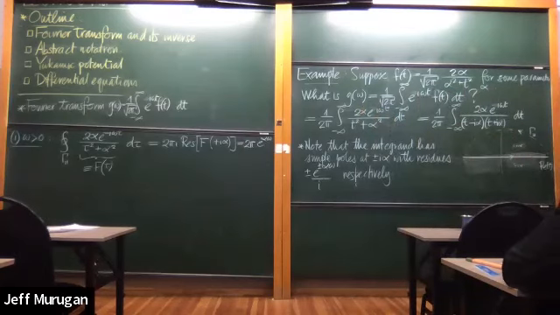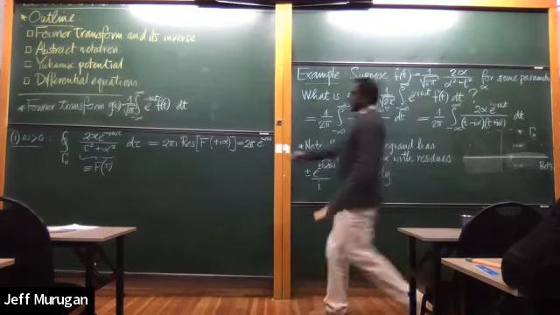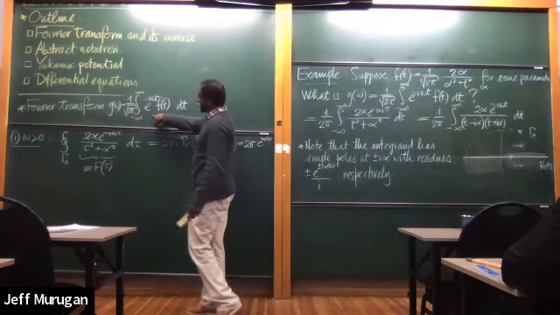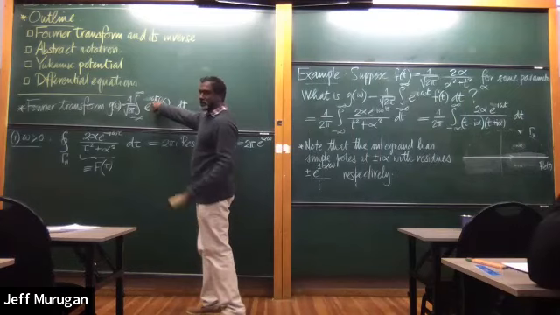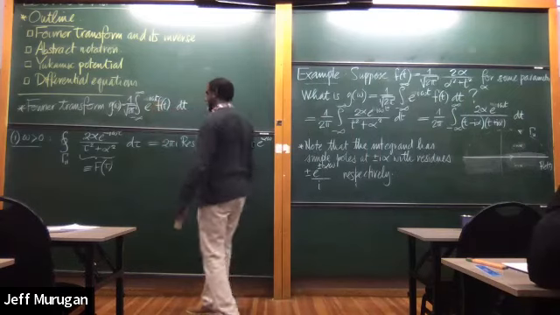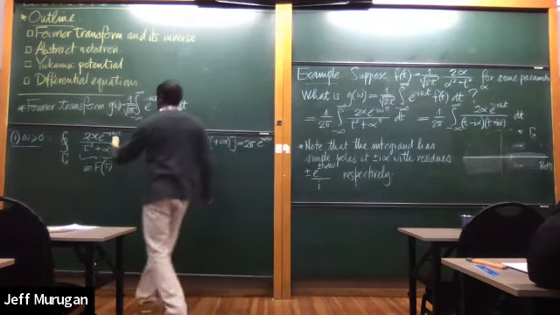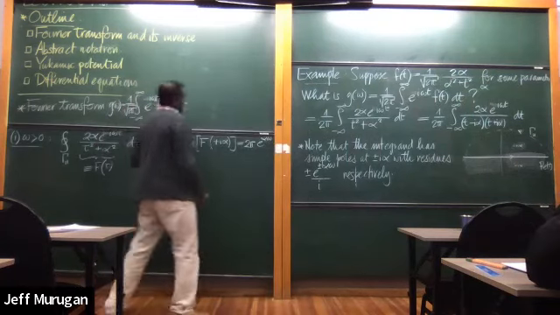All right, so I'm going to take my definition to be the forward transform coming with a plus i omega t and the backward transform coming with a minus i omega t. Okay, so let's follow this through and see where it goes.